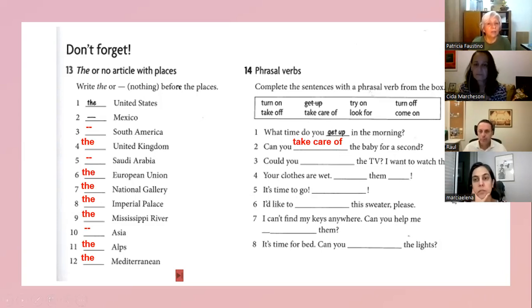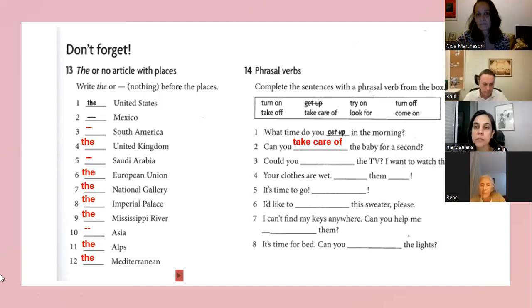Can you take care of the baby for a second? Let's do number three. Could you turn on the TV? I want to watch the news. Very good. That's right. Turn on the TV because I want to watch the news.